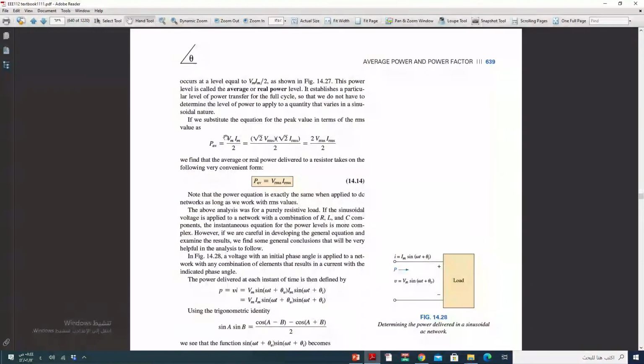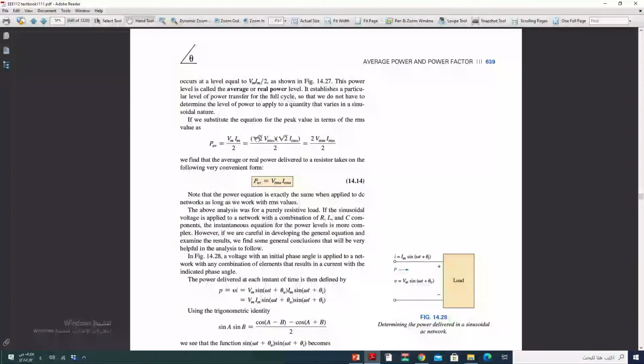Here we have the peak Vm multiplied by the peak Im, because with voltage and current we find the power, and then divide by 2 to find the average. If we write the peak by the RMS value, it becomes root 2, like last lecture we said the peak equals root 2 multiplied by RMS, and the current peak is root 2 multiplied by the RMS current.